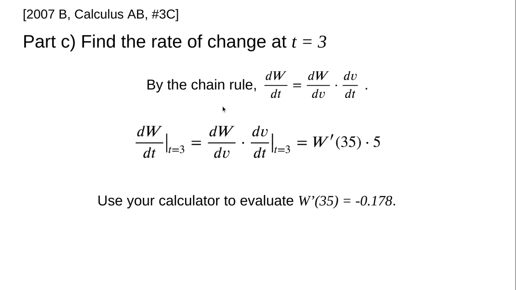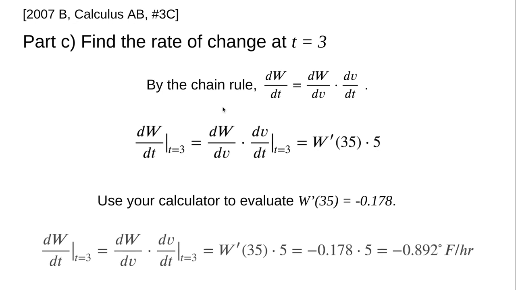When we calculate that using our calculator, W prime of 35 is negative 0.178. Multiply that by 5, and we get negative 0.892 degrees Fahrenheit per hour. And that is the solution to 2007B, question 3.